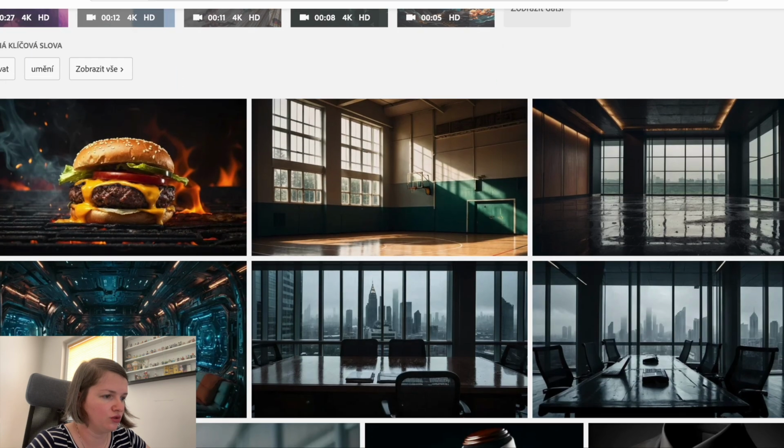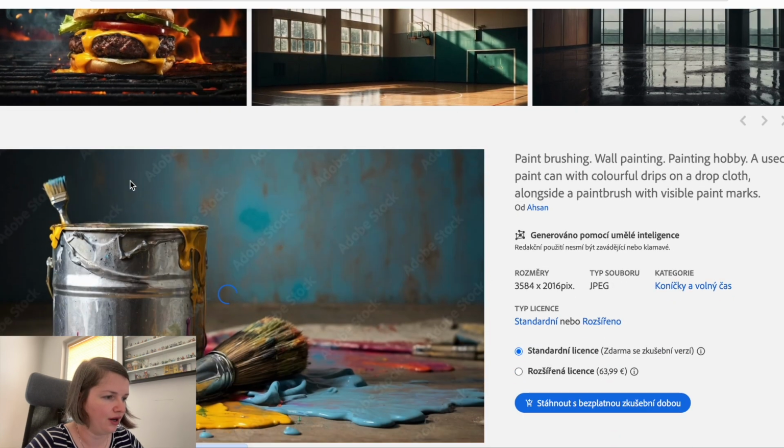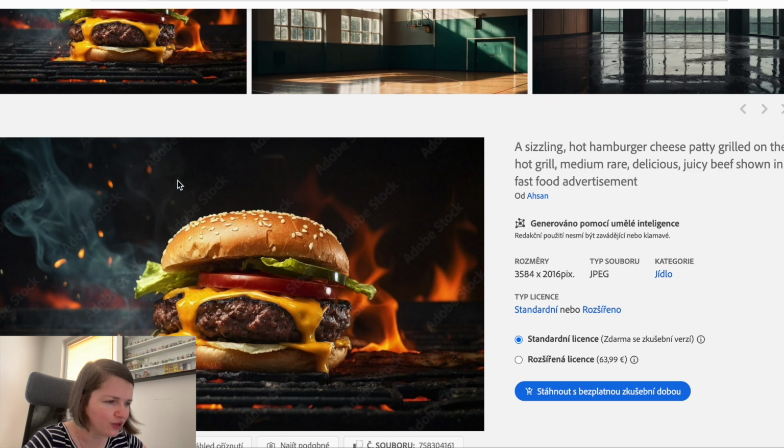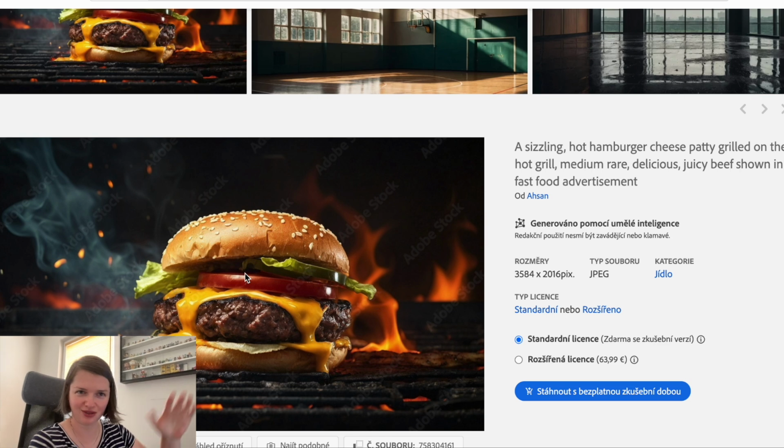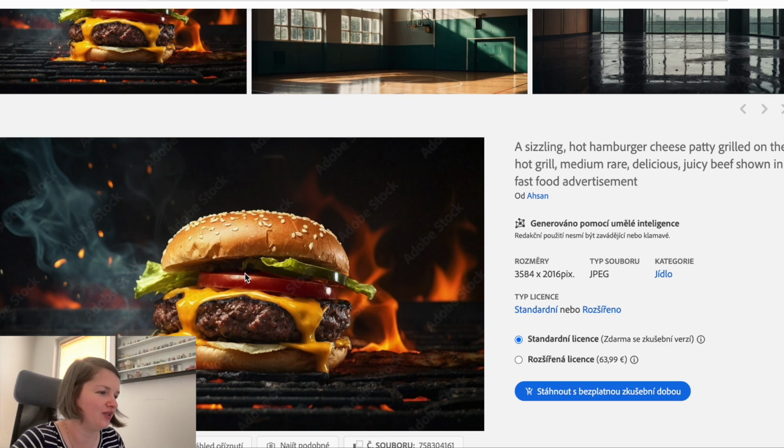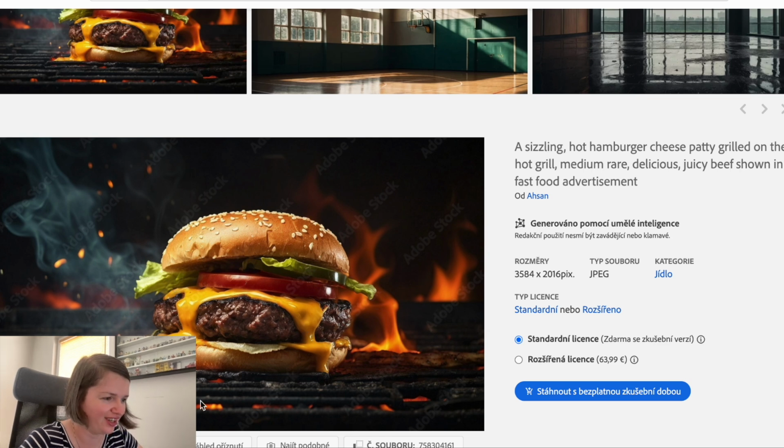Again, if we're doing food photography, first of all, you probably don't grill the cheeseburger like that. You grill the meat and then you put it all together. Maybe you grill a bun a little bit, but placing the whole thing on the grill maybe is not the best idea.